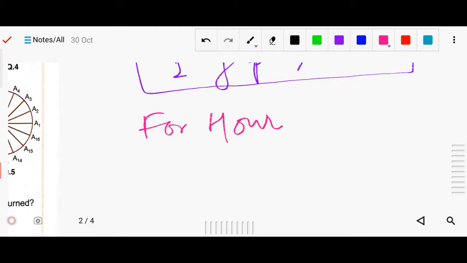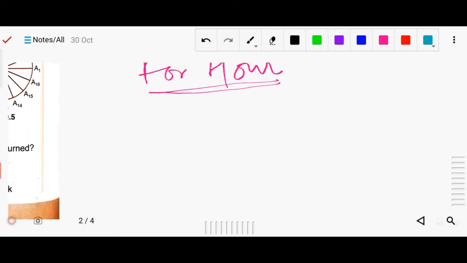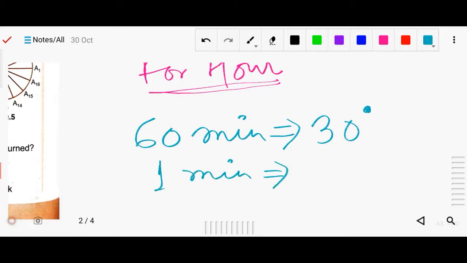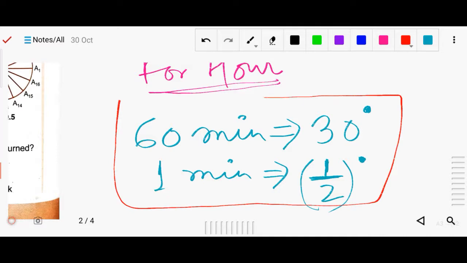You write: 60 minutes, the angle covered will be 30 degrees, and in 1 minute the angle covered by the hour hand will be 1 by 2, that means half a degree. Okay, and this is for the hour.